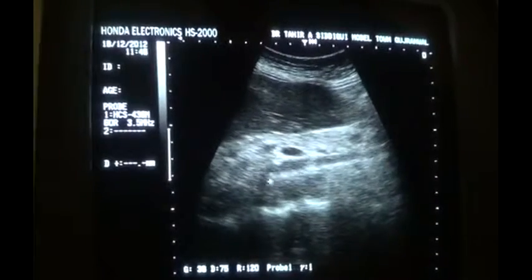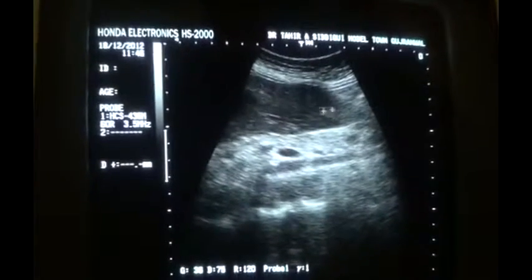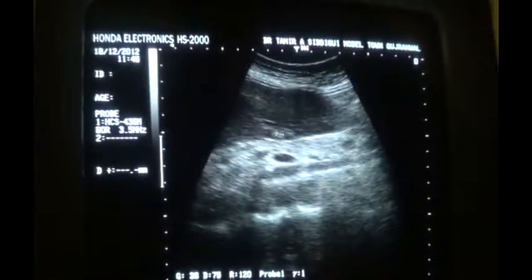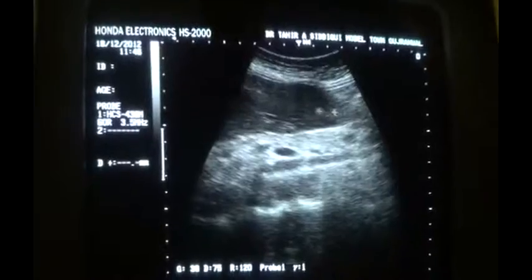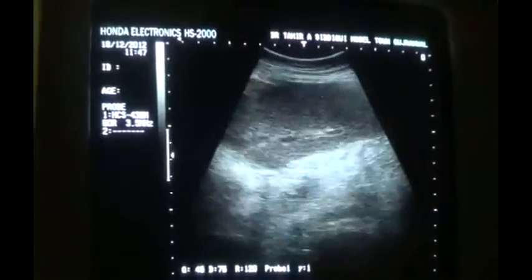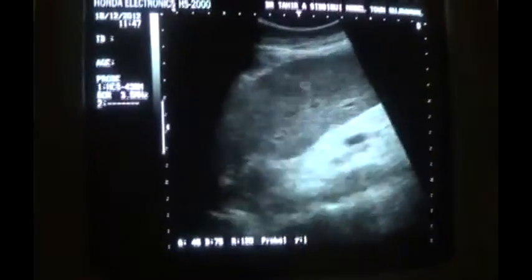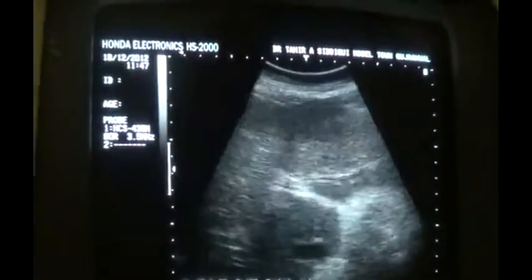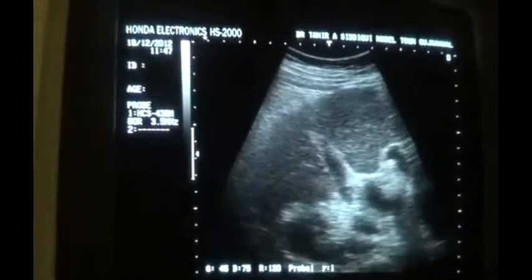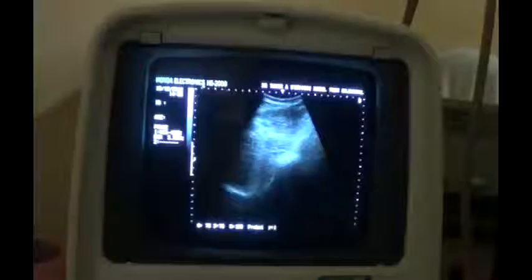This is the superior mesenteric artery arising from the aorta, and you see that the liver is exceeding the origin of the superior mesenteric artery from the aorta. This is the liver. This is a case of cirrhosis of the liver. Both lobes are enlarged. The left lobe is enlarged more as compared to the right lobe of the liver. Thank you.